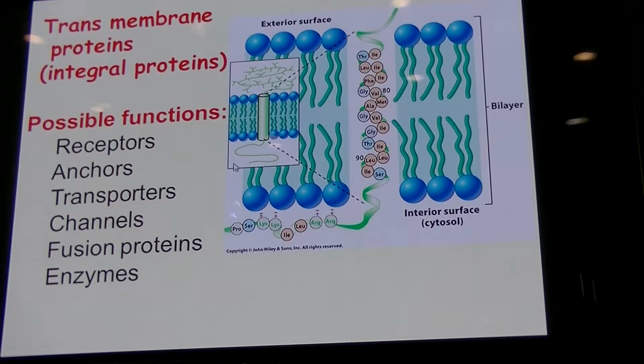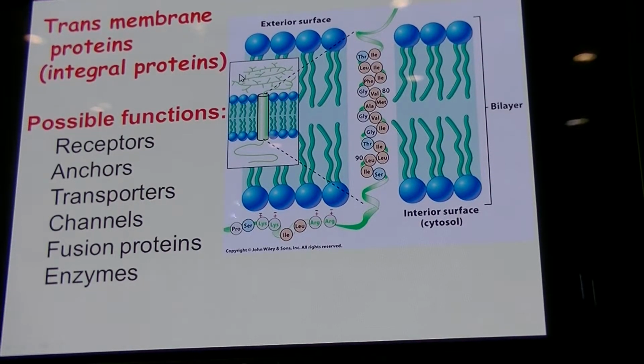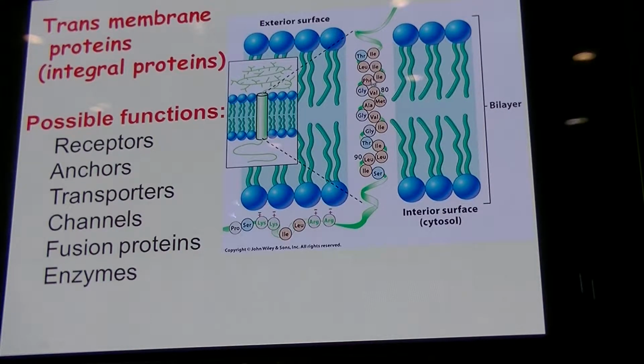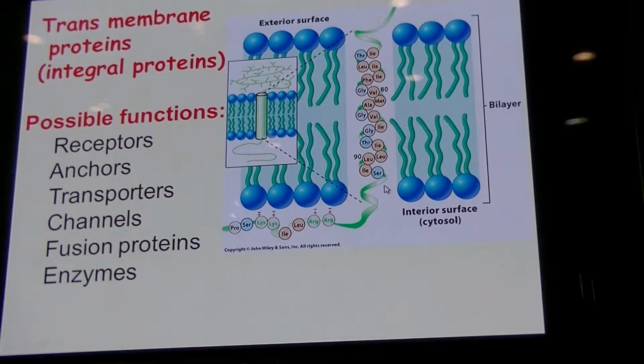Here we have a depiction of an integral membrane protein. In the extracellular space, this protein might have sugar groups, might be glycosylated. Then it crosses the membrane, and then we have an intracellular part, or intracellular domain. When the protein crosses the membrane, it can do so as an alpha helix. The membrane is 3 nanometers in thickness, so 30 angstroms, 3 nanometers.